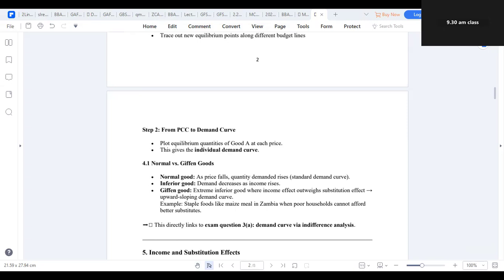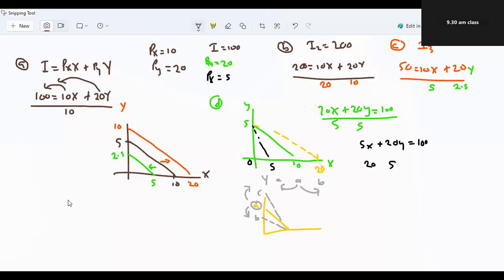I mentioned earlier that it is very important to understand that you want to maximize your satisfaction. There should be a point where the optimum bundle will occur. The optimum bundle will occur at this point here. This point is called the optimum bundle.